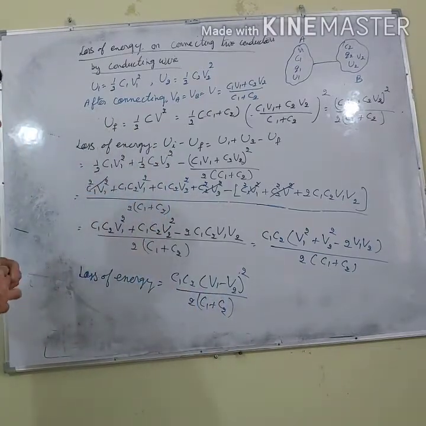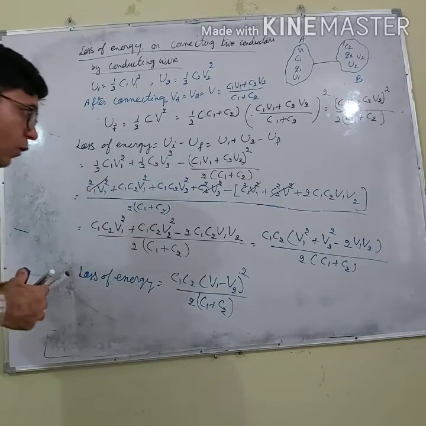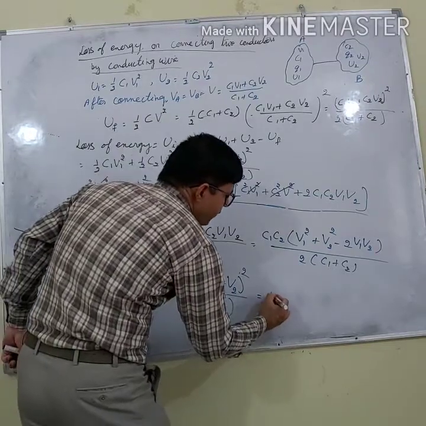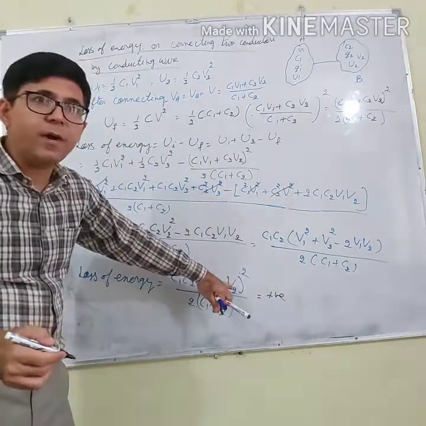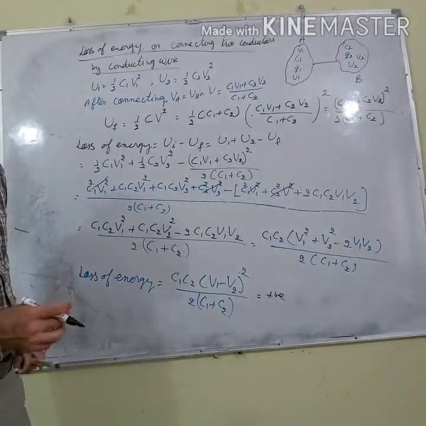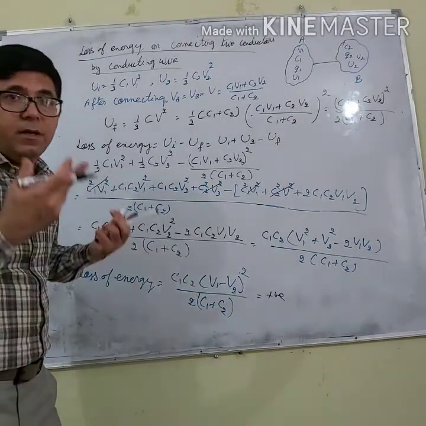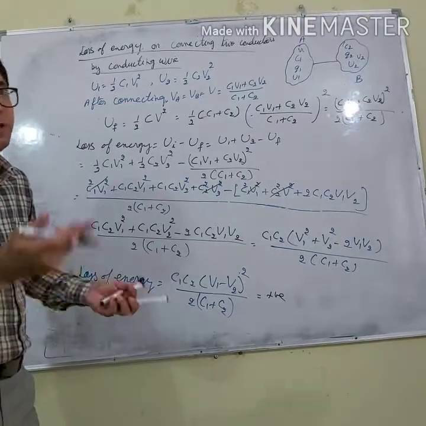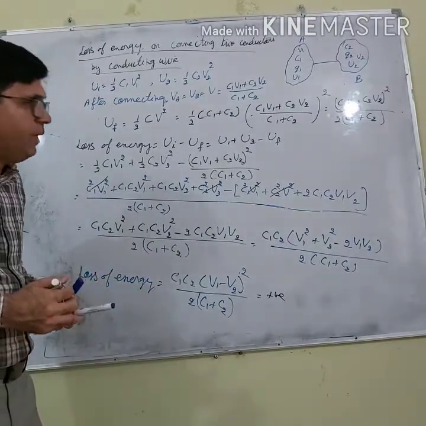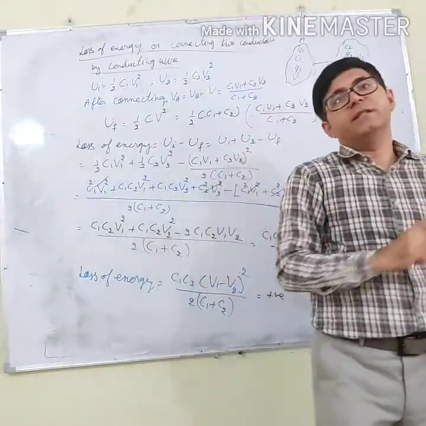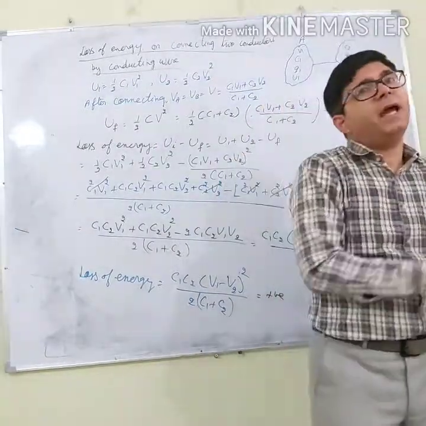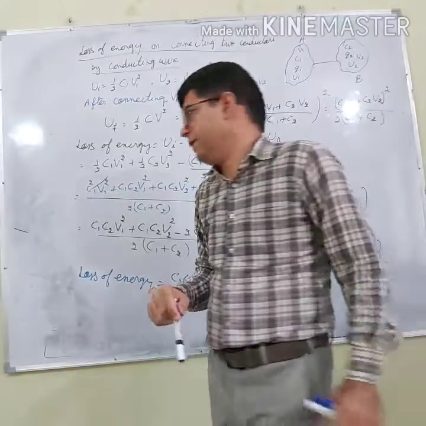Now this term is always positive. Why positive? Capacity is always positive, this is a square, and the square of a difference is also positive. So what does it mean? It means there will always be loss of energy, but there will not be any loss of charge.